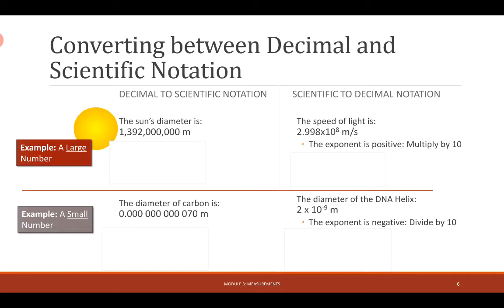When we're interconverting between decimal and scientific notation, we need to figure out how many times we need to move the decimal point in order to interconvert our number. This first number, these are big numbers, and so we know our exponent has to be positive.